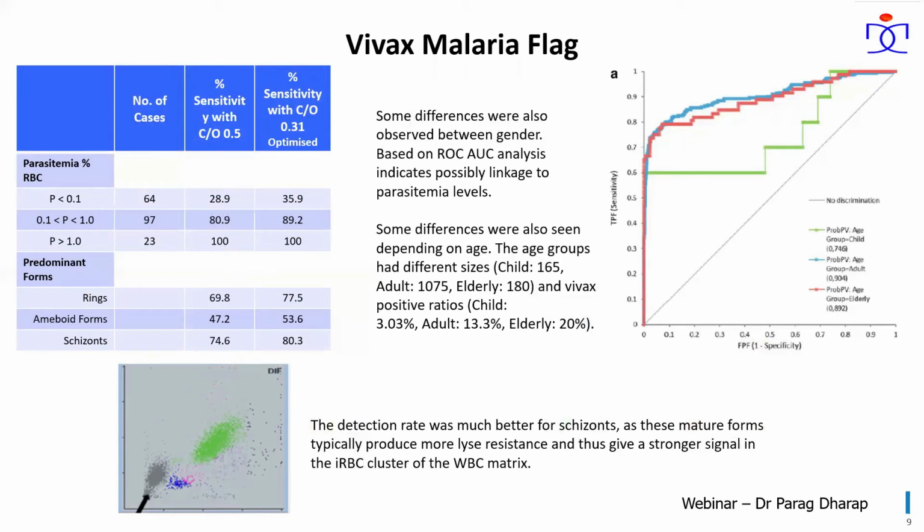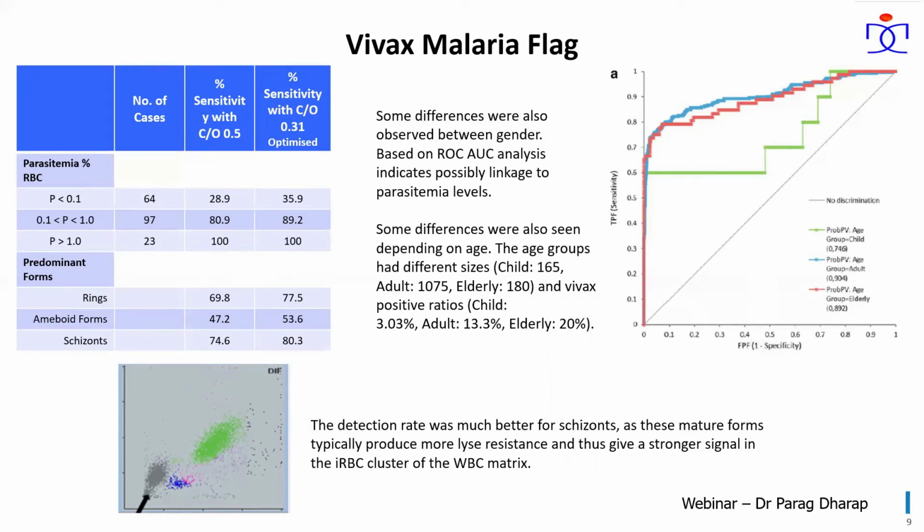The lower half of the table represents sensitivity across the most dominant form found on diagnostic microscopic blood smear examination. And as it shows, the most mature forms give the better sensitivity across both the cutoffs of 0.5 and 0.31.